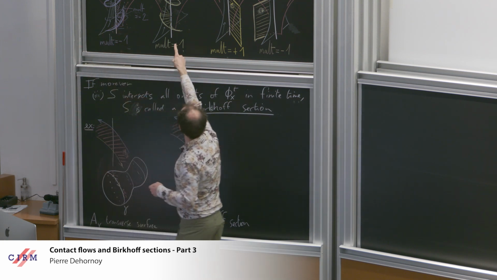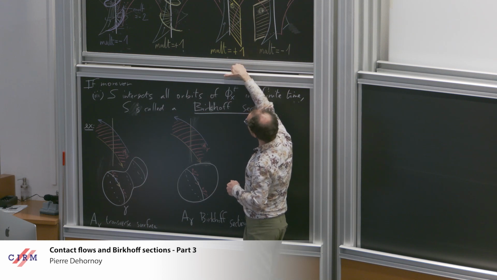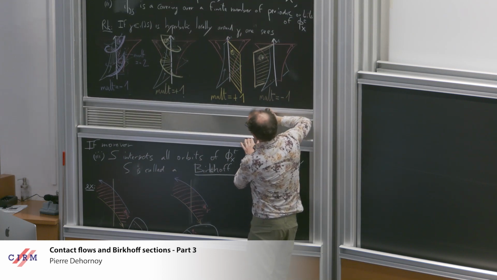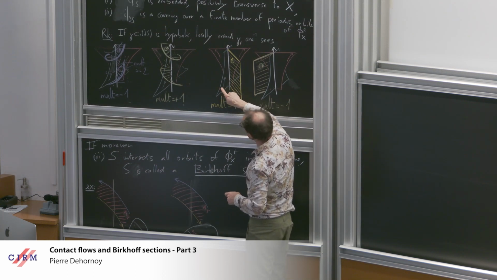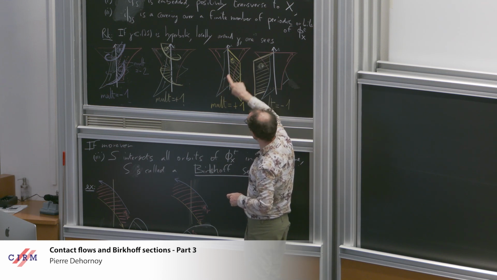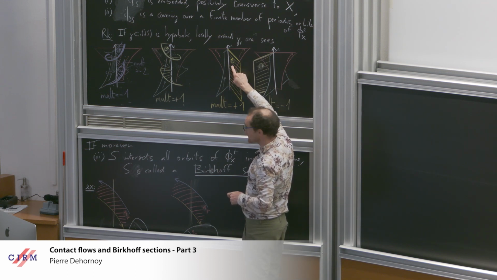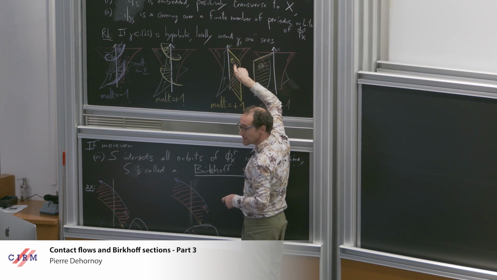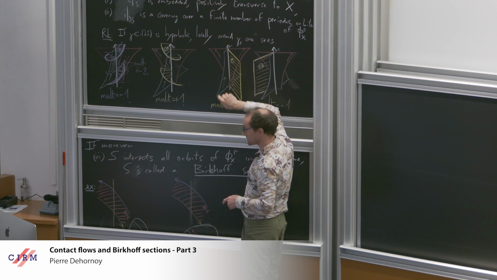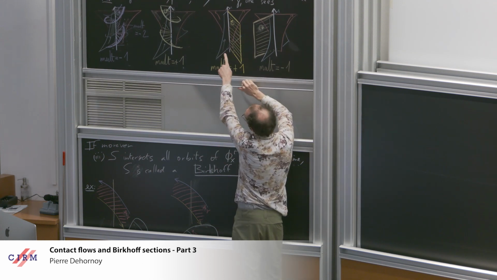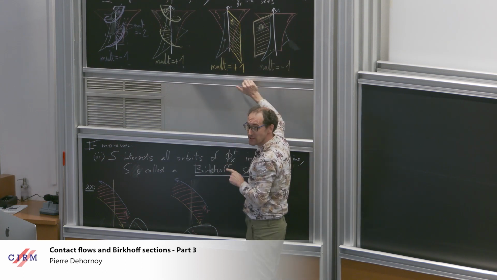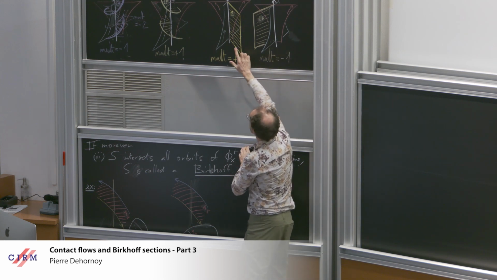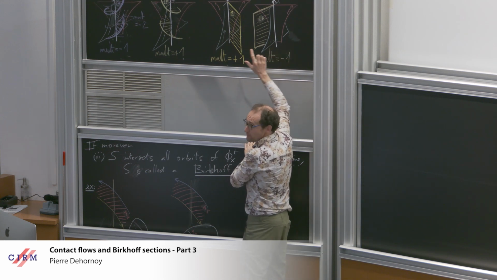Here it's the same, but here the first return time is not bounded, because if you take orbits that are closer and closer, say, to this blue stable manifold, they all intersect this orbit, but it takes longer and longer time because they follow gamma for a longer and longer time. So here the first return time is not bounded. Hence, what you see here is a transverse surface, but not a Birkhoff section. So these two are not mutually exclusive, but on the other hand, they don't appear if you have a Birkhoff section.